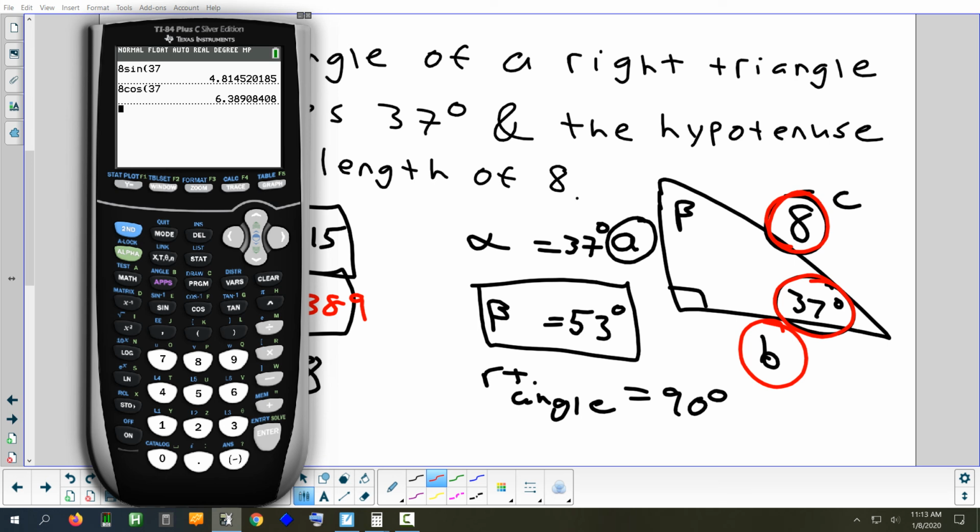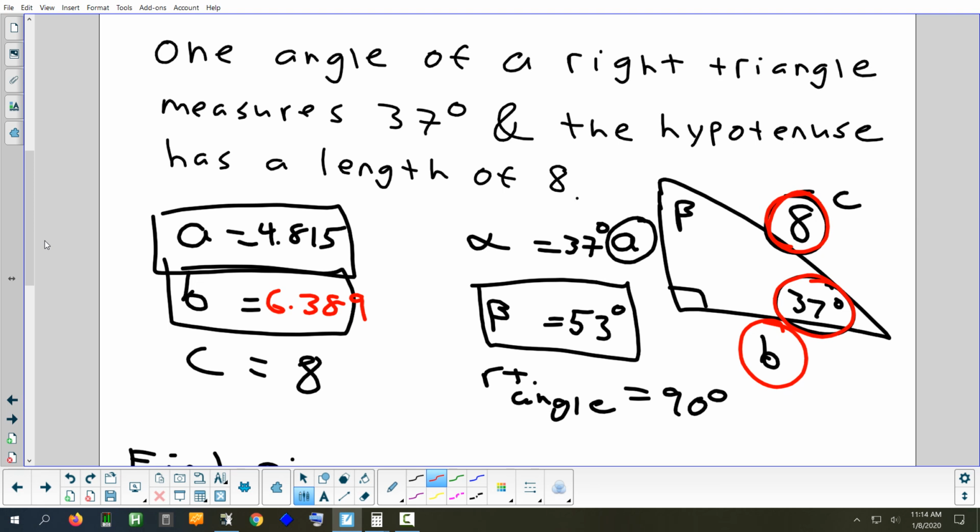We'll have to take a look and see. Is she in radians? That's what I asked. If you put it in radians, you would get, for the first one, 8 sine 37. I did get a negative number there. Did you get negative 5 point something? Okay, then that's it. You're just in radians.